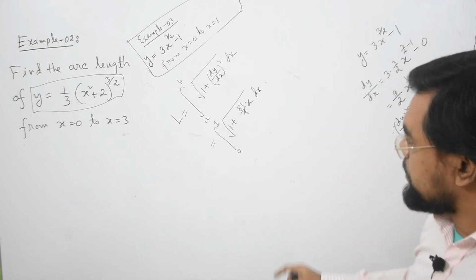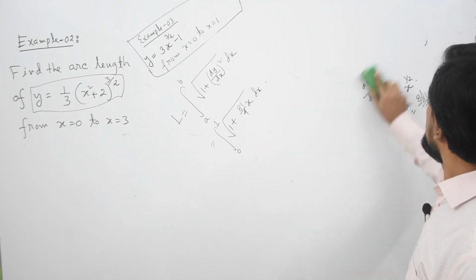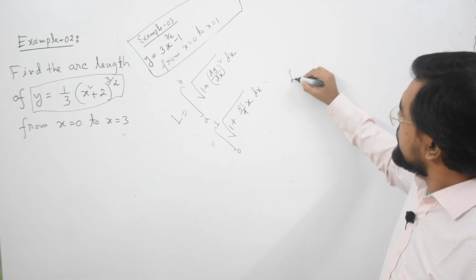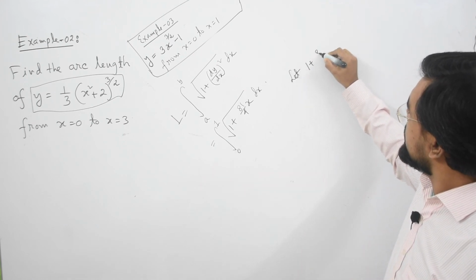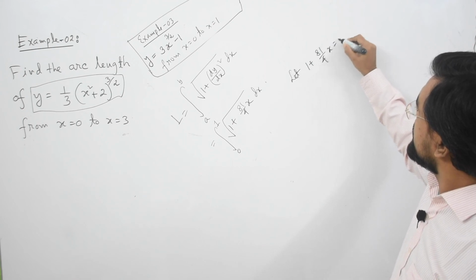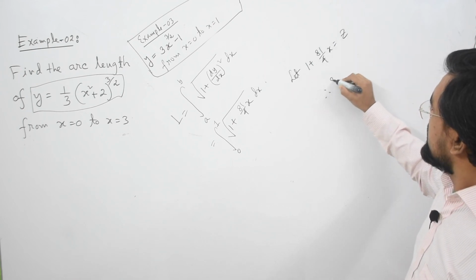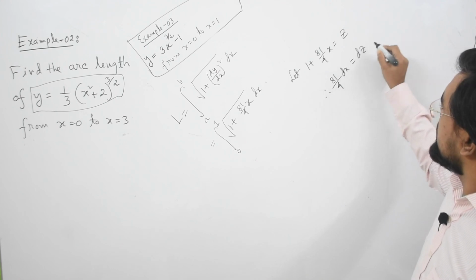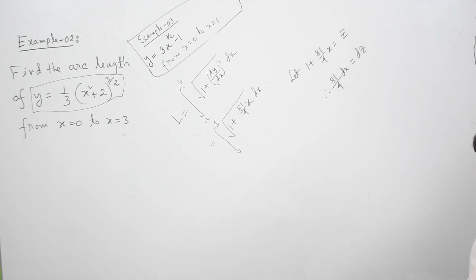Now we can integrate it by using u substitution or z substitution. So let's say 1 plus 81 by 4x equal to z. Therefore 81 by 4 dx equal dz, and so dx equal 4 by 81 dz.